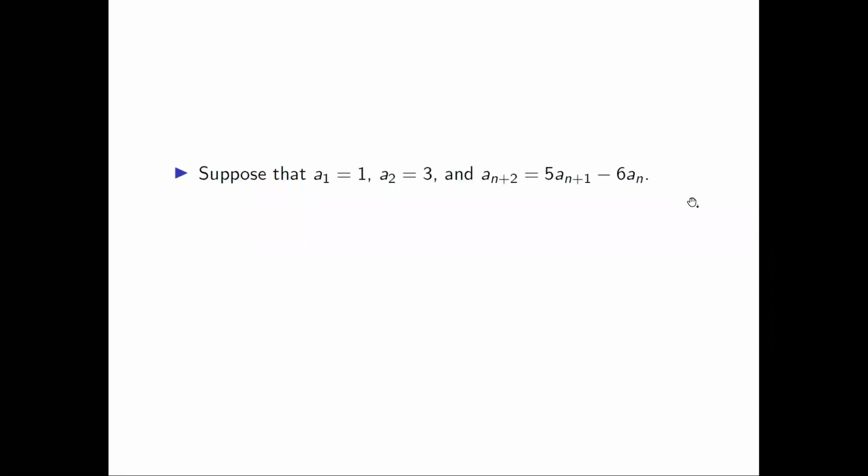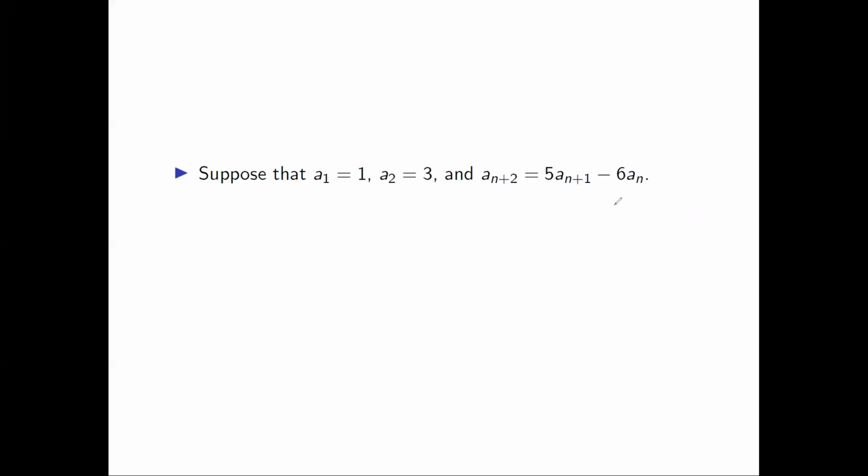So here's a problem for you to think about. And this one, it might have a solution that's pretty similar to the last one. We have another sequence here. a sub 1 equals 1, a sub 2 equals 3, and a sub n plus 2 equals 5 a sub n plus 1 minus 6 times a sub n.